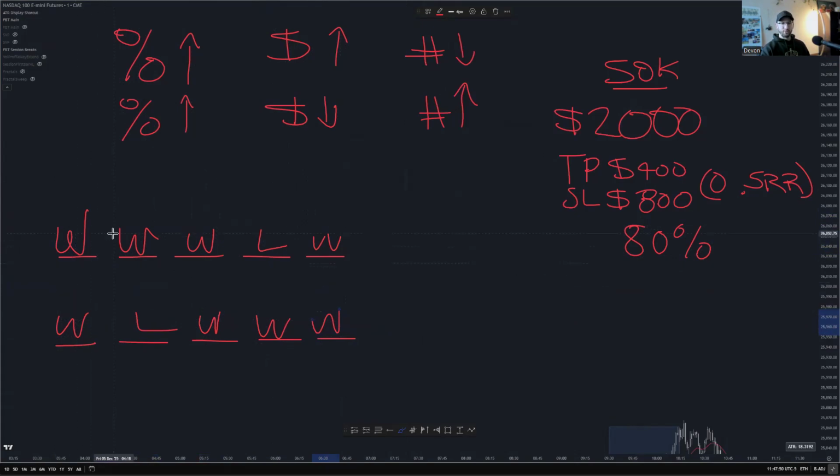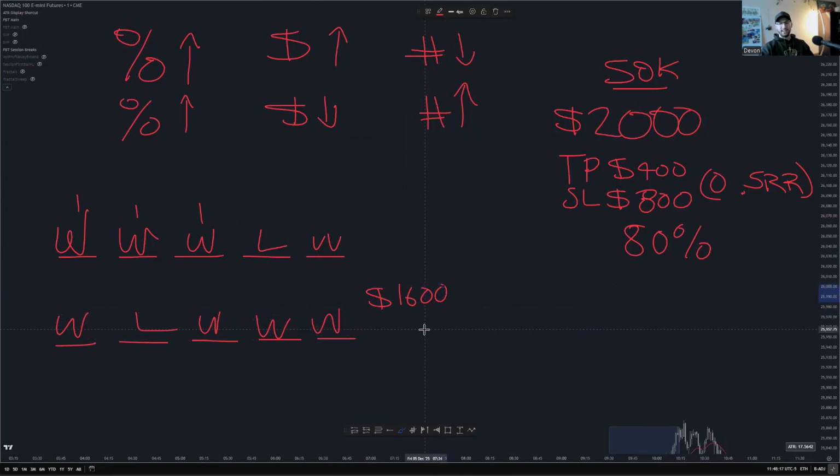So we can do the math quickly. 400, 800, 1200, minus 800 here, right? So you have 400. Then you're at another 400, so 800, 1200. Then you're back to 800. Then you go up to 1200. Now you go 400. And then you go 800, then you go 1200, then you go 1600.